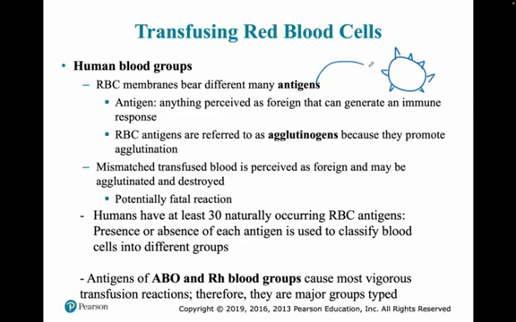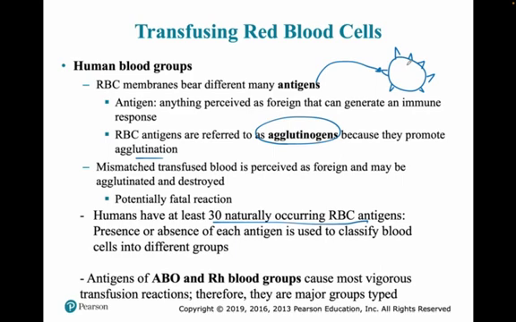What is our blood type? Okay. Our antigens are also referred to as agglutinogens, because they can also do agglutination, meaning clotting. Human beings typically have approximately 30 naturally occurring antigens that can possibly sit on these RBCs. So the presence or absence of these antigens will classify the blood. Not all the antigens will be present in everyone.